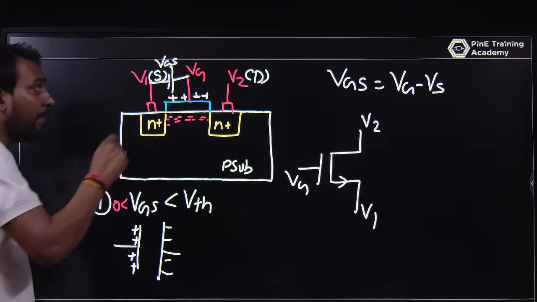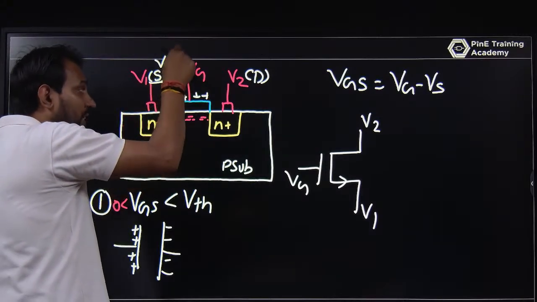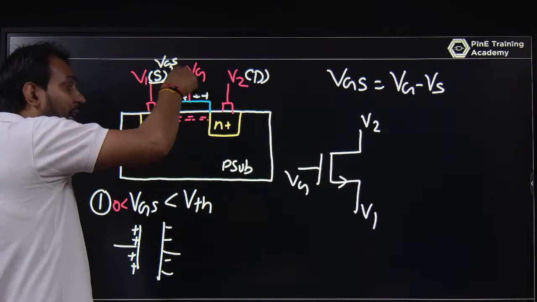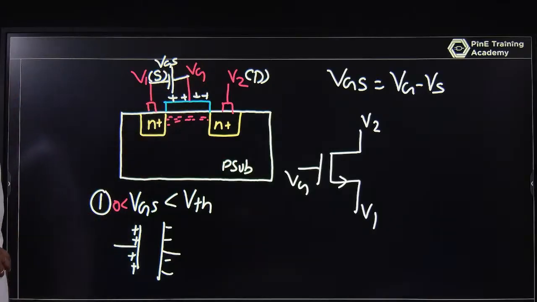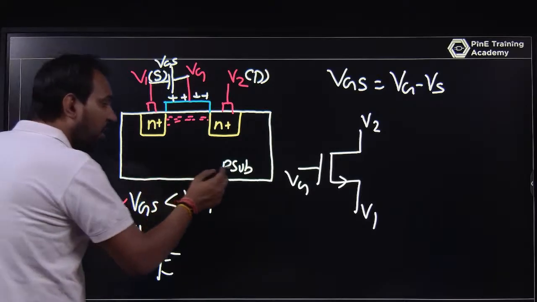Or I can say that VTH is the minimum gate to source voltage required on the gate so that current can flow, or the inversion layer can form. In terms of semiconductor, what is the P substrate?